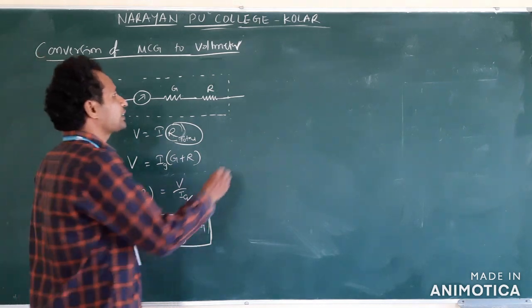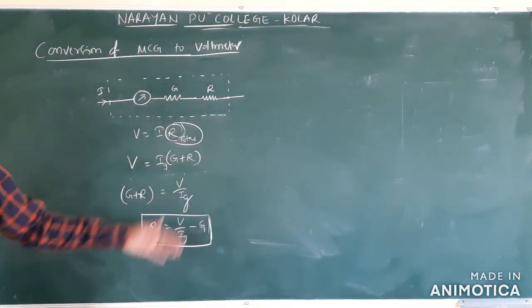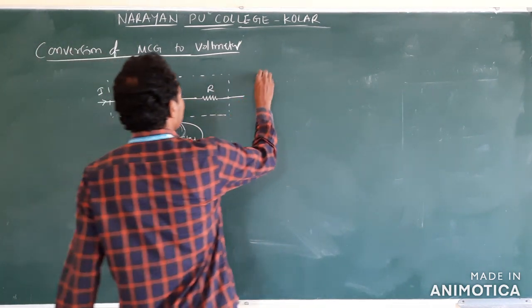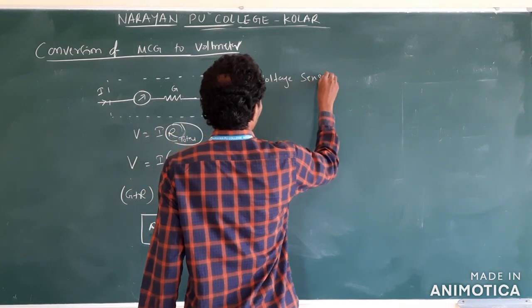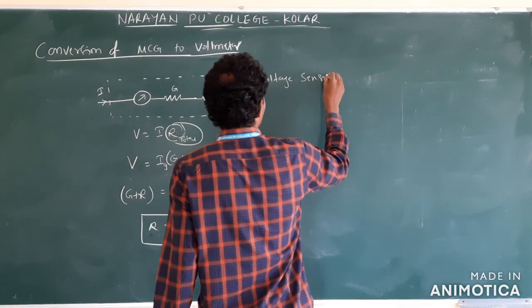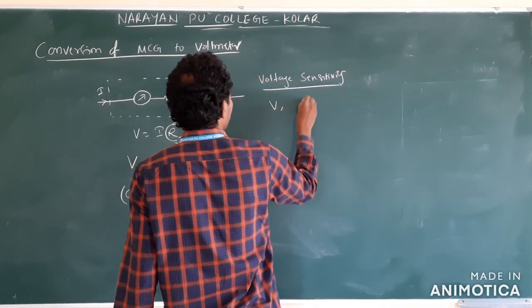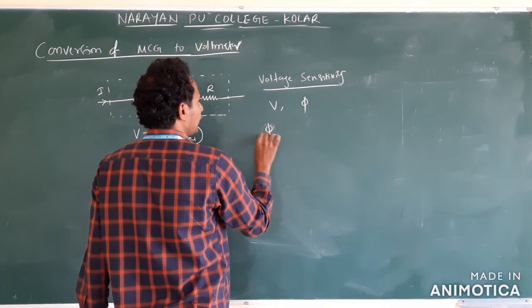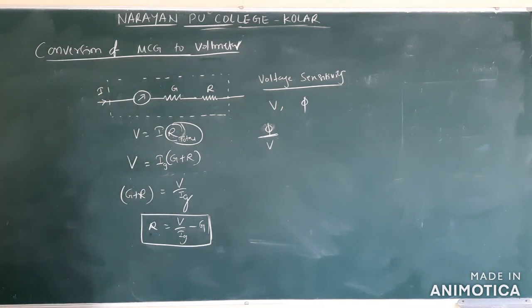Next, voltage sensitivity. The same definition. There we saw current sensitivity; now here is voltage sensitivity. V is the voltage, phi is the deflection. Phi by V is deflection per unit voltage. Clear?